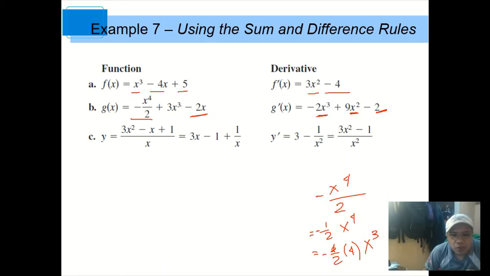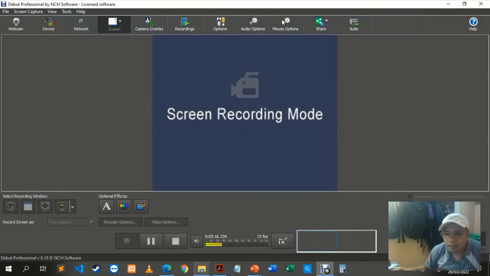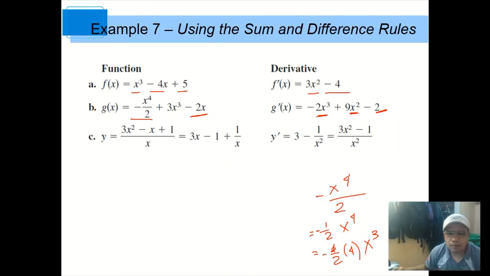We have a 3x squared minus x plus 1 all over x. Okay, finally with letter C, y is equal to 3x squared minus x plus 1 all over x.